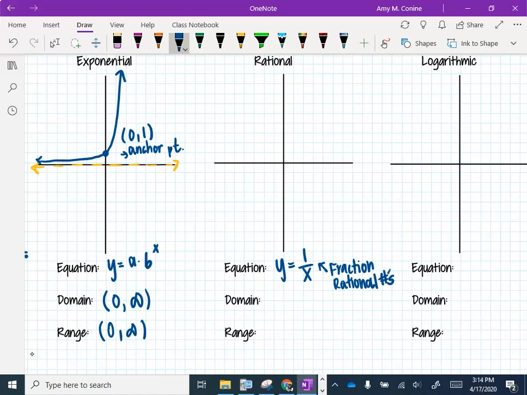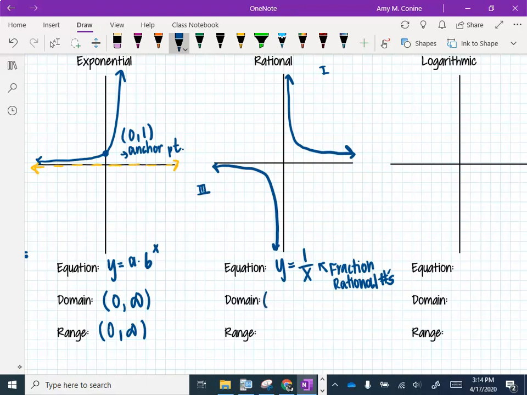So that's why it's called a rational function. It's not called a fraction function, it's called a rational function. So you have this fun looking graph, and it's hard to get it exact, but it's basically two curves that will be in quadrant 1 and quadrant 3. And they don't cross your x-axis, they don't cross your y-axis.